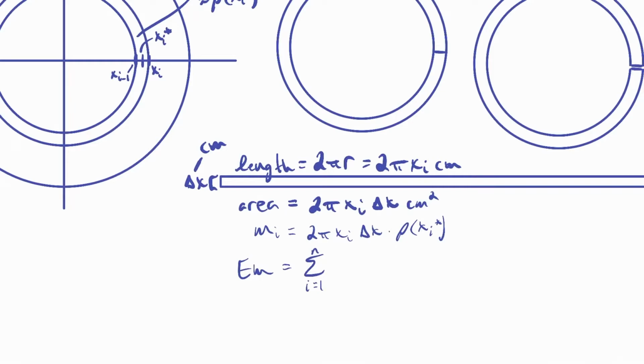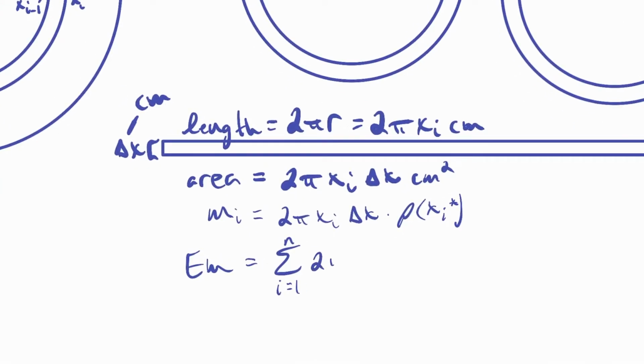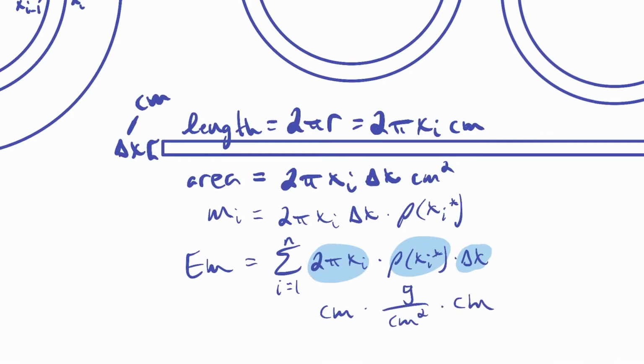So this is going to be 2 pi xi times rho of xi star times delta x. And notice I have centimeters times grams per centimeter squared times centimeters. So I get a bunch of cancellation. I'm adding up grams. Okay, I'm adding up mass.